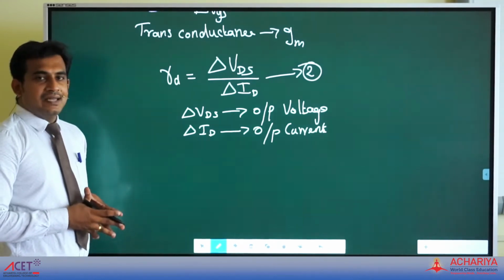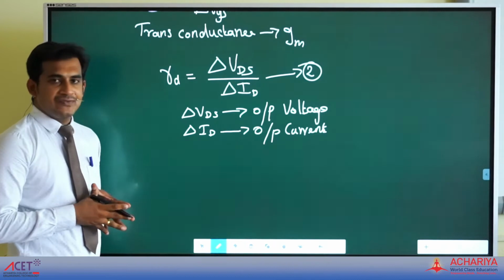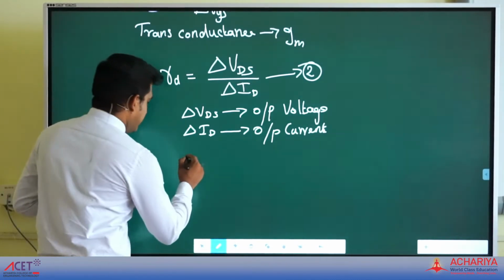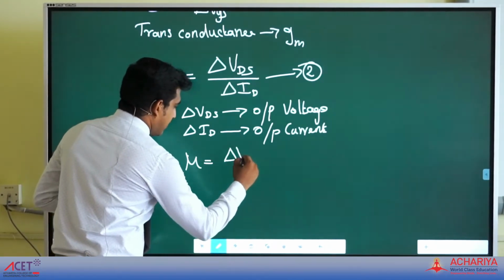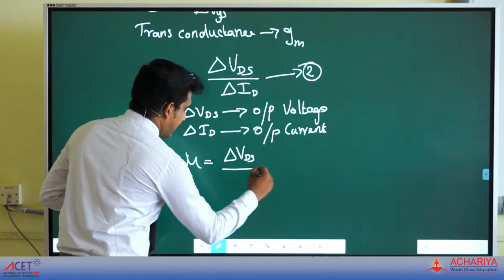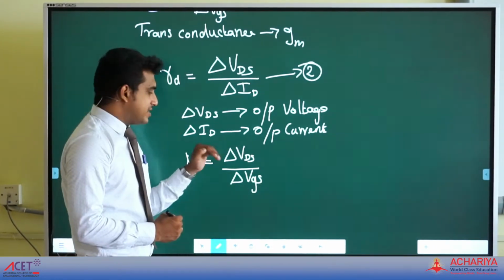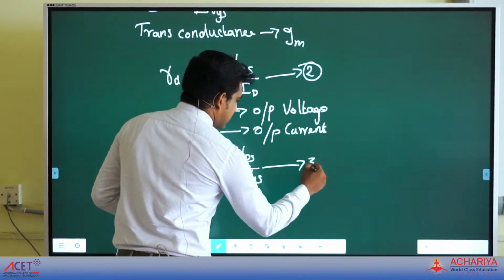Then another important parameter we are going to deal with is the amplification factor of a FET, denoted as mu. Mu is equal to del VDS divided by del VGS, output voltage divided by input voltage. That is the amplification factor, equation number 3.